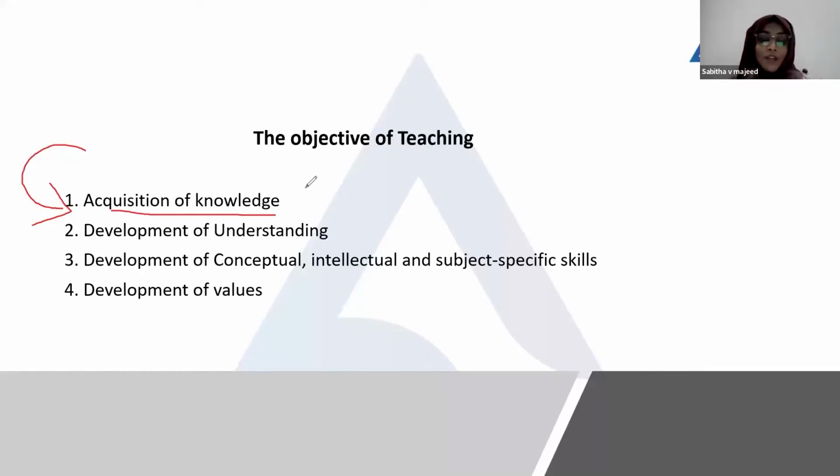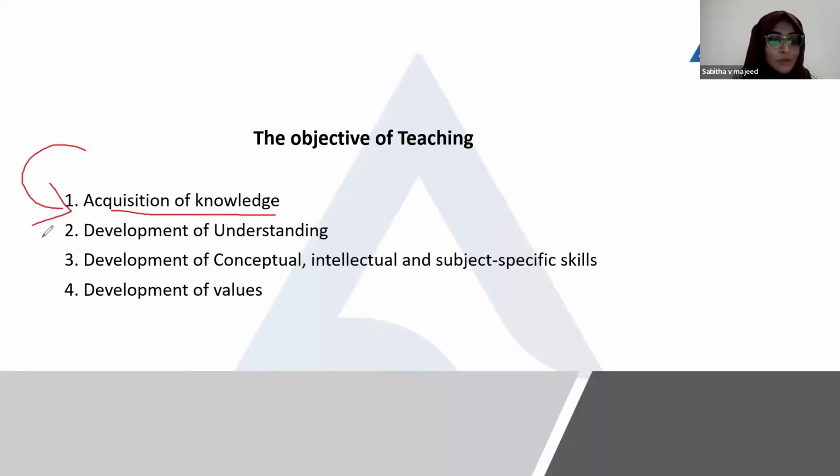Receiving knowledge or grasping knowledge. The teacher will give some information to the student. The student will grasp the information and use it. Receiving or grasping the information is what acquisition of knowledge means. So the first objective of teaching is acquisition of knowledge.